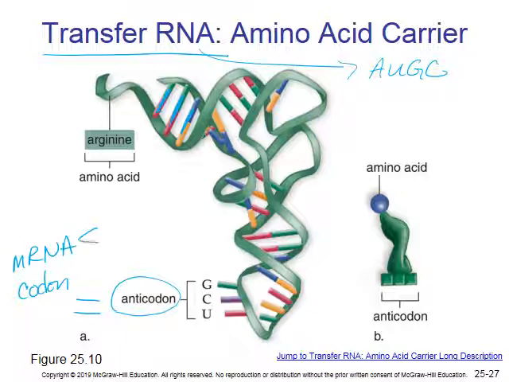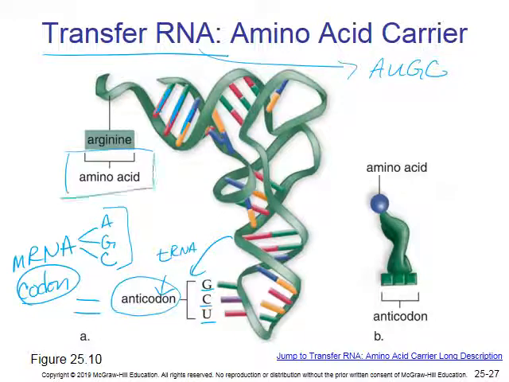So on the messenger RNA, if you have A, G, C, that's called the codon. On the transfer RNA, you have this sequence, which is the anticodon. The transfer RNA is going to come in and read the codon, and if it's a complementary match, it's going to drop off this amino acid.